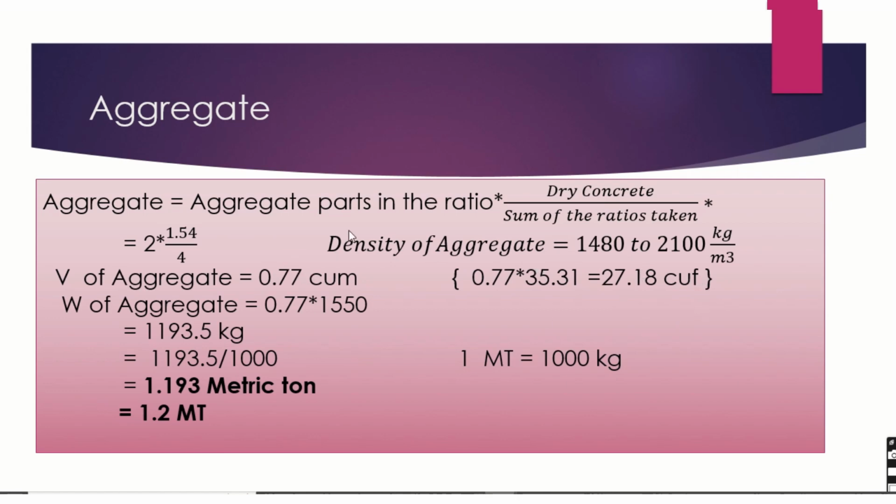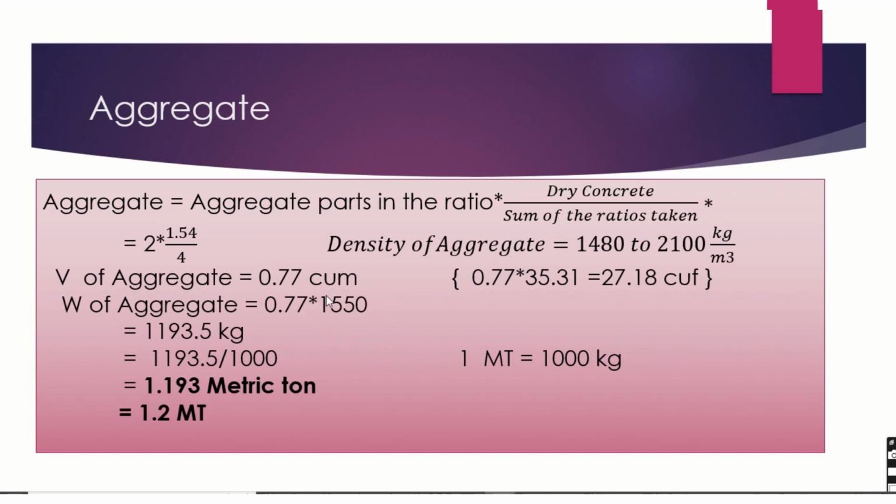Now let's calculate the weight of aggregate. We know that weight is equal to volume times density. The density of aggregate varies from 1480 to 2100 kg per meter cube, so we can take a value that falls in between to calculate the weight of aggregate.